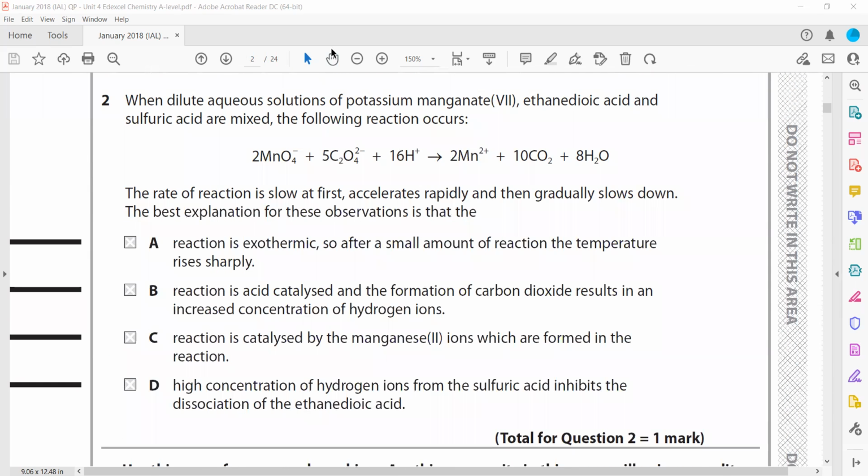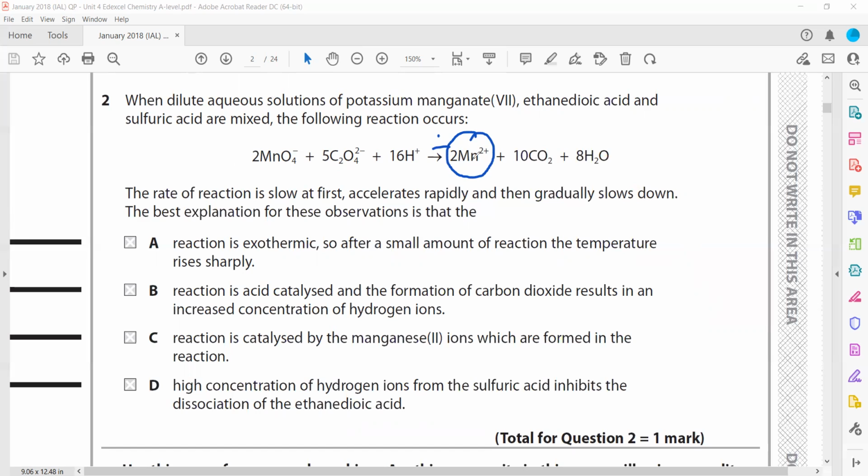When dilute aqueous solutions of potassium manganate(VII) and ethanedioic acid are mixed, the following reaction occurs. The rate of the reaction is slow at first. So in the beginning the reaction is slow, but the rate increases. This is called a self-catalyzed reaction, because in the beginning we don't have Mn2+, which acts like a catalyst.